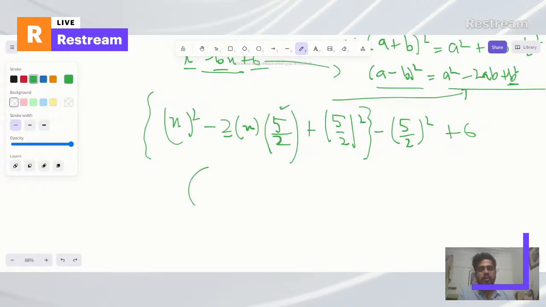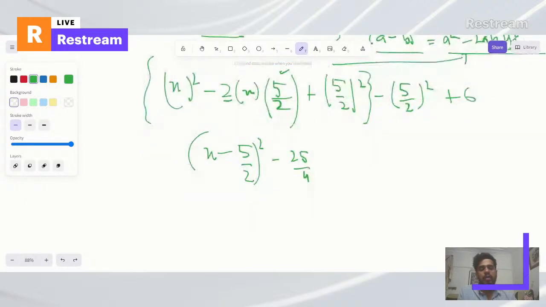If I close it down, it's going to be x minus 5 divided by 2 whole square. Then I'm going to continue solving this. So minus 25 divided by 4. How 25 upon 4? Because 5 square is 25 and 2 square is 4. So it's going to be 25 divided by 4 plus 6. Now let's solve these two.